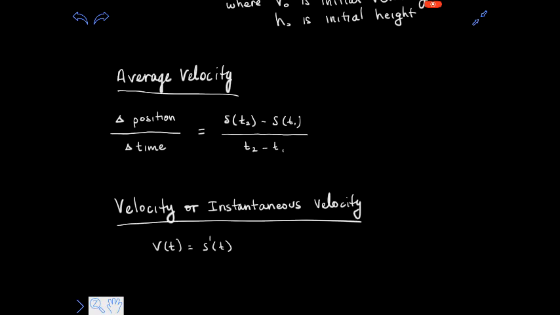The instantaneous velocity, or just velocity, is the derivative of the position function, because a velocity is a rate of change, and a rate of change is a derivative.